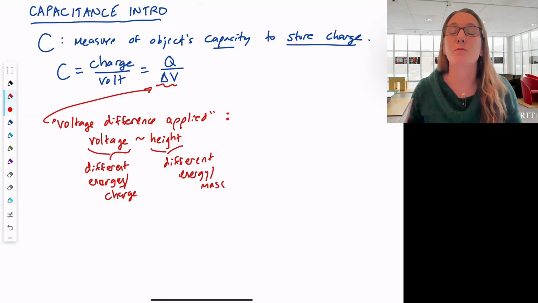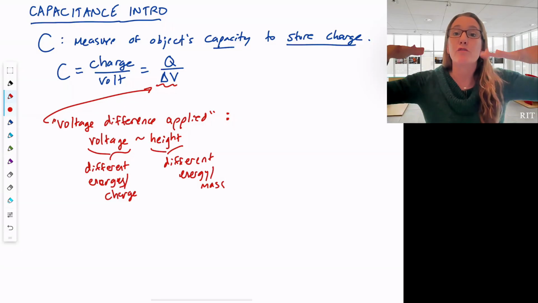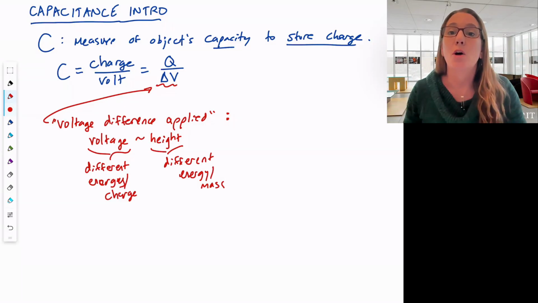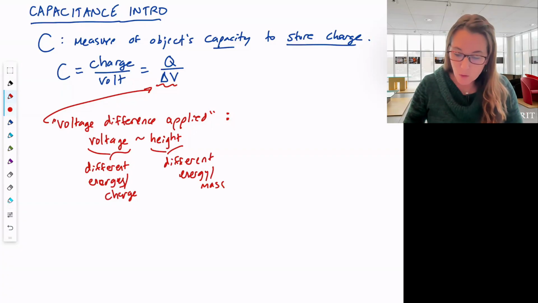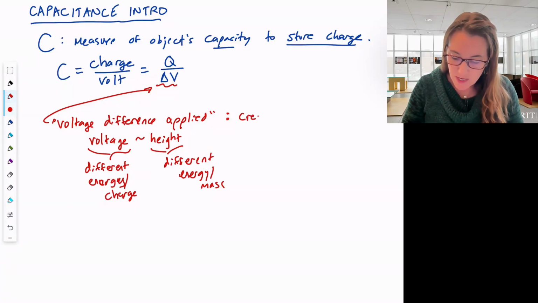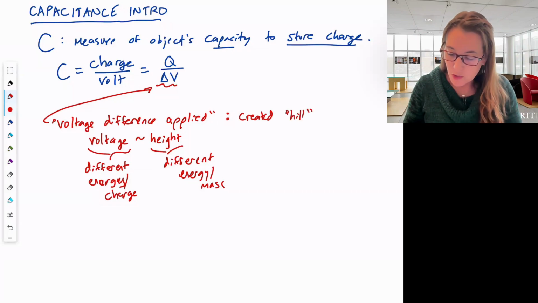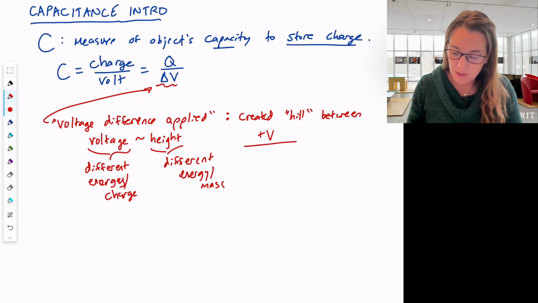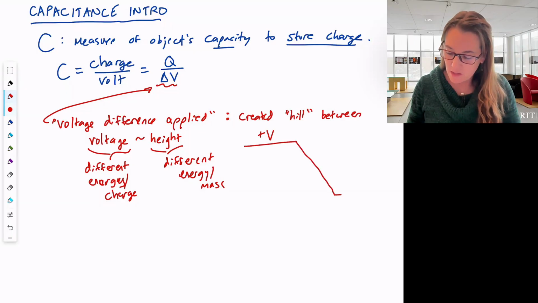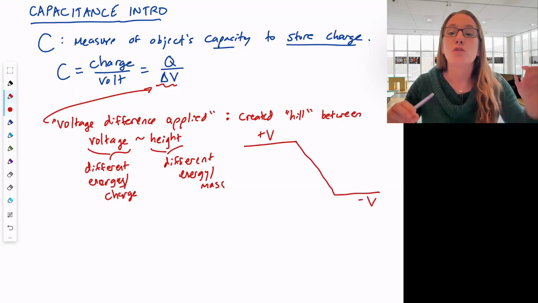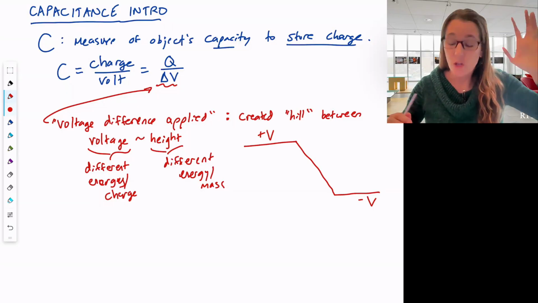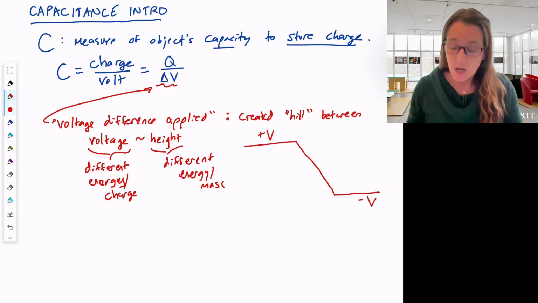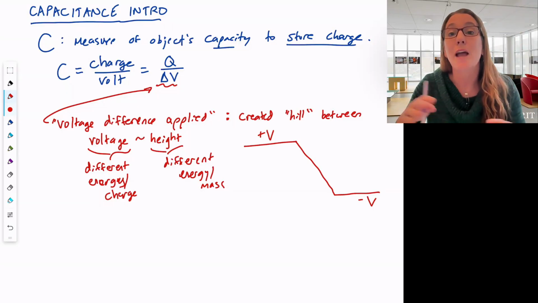Different floors of the building or different voltage equipotential layers. So when you've applied a voltage difference, you've essentially created a hill between your plus V at the top and some minus V. You're applying a hill that your charges are going to navigate.